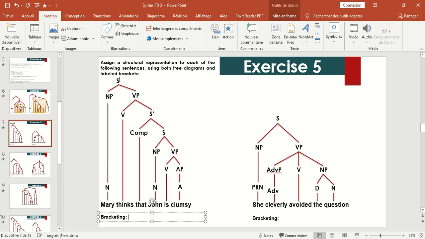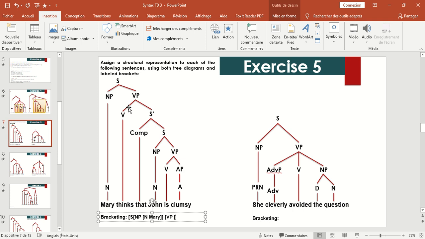So first we have S. Inside the sentence we open the noun phrase and, before that, we have a noun. The noun here is Mary. We close the noun and we close the noun phrase. What do we have after the noun phrase? We have a verb phrase. We open the verb phrase.